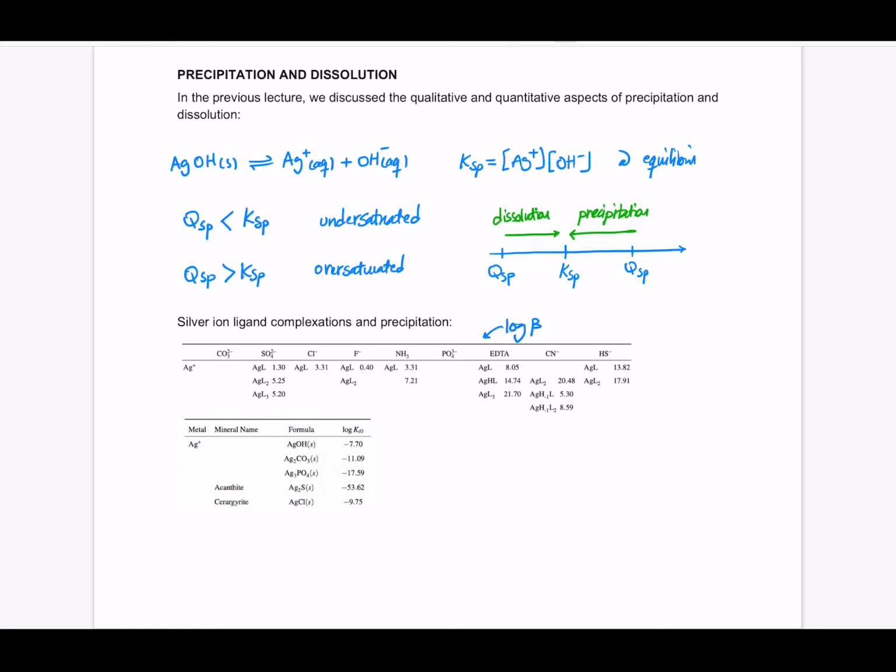So we have the quantitative information about the equilibrium. This is what we covered in lectures 3.1 and 3.2. What we specifically mentioned was that a metal can have potential complexation with hydroxide to form a metal with, for example, one hydroxide, I'm just ignoring the charge, a metal with two hydroxides, and so on.